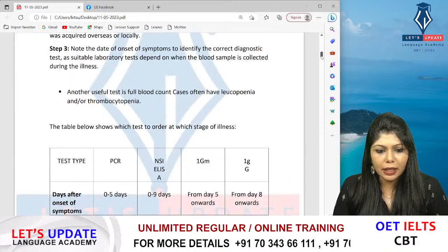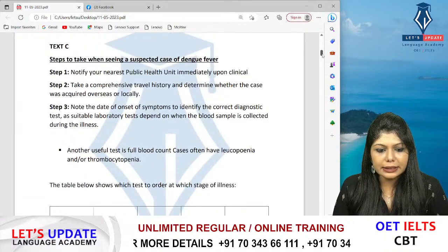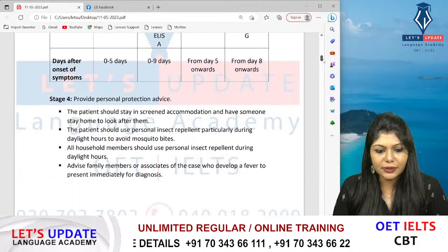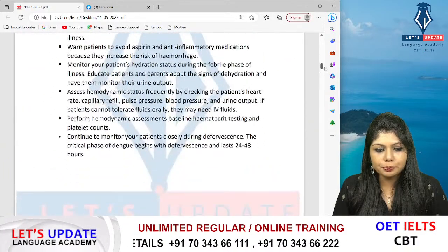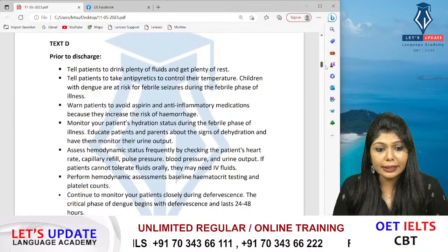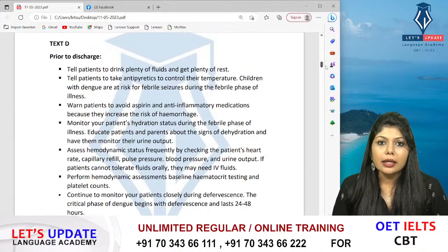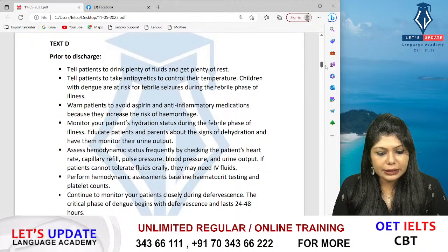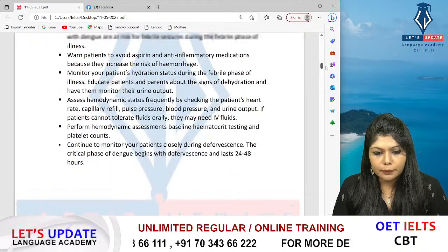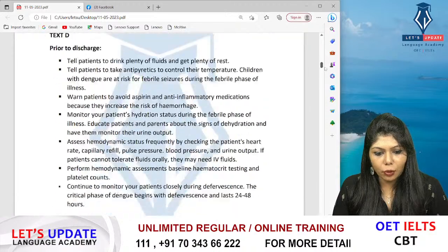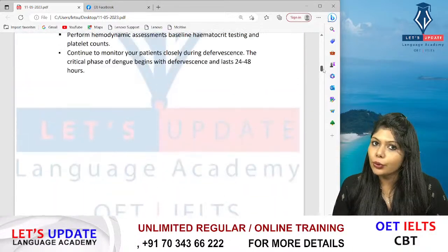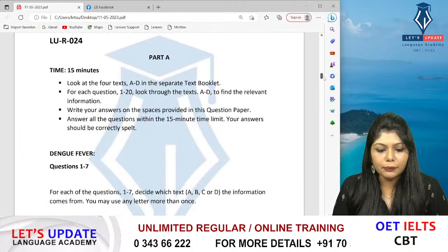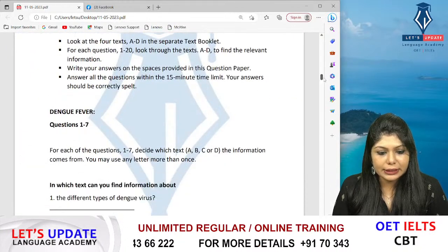C consists of some steps and points and tables, etc., and stages. Text D is another set of points that needs to be followed. So these are the 4 short texts I'm talking about, and this will be followed by a set of questions.